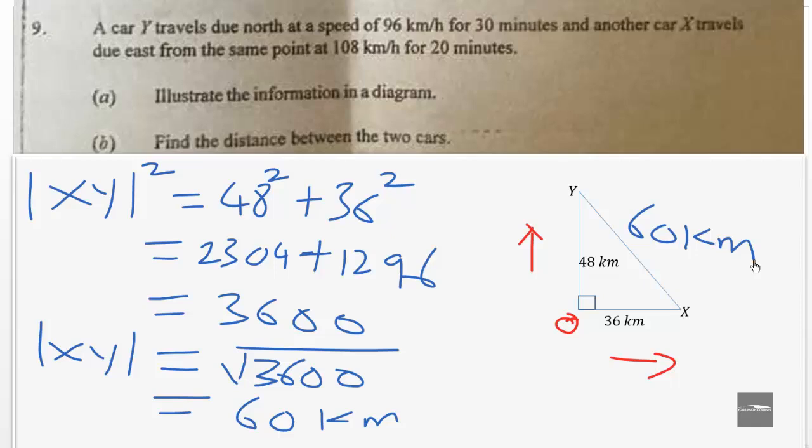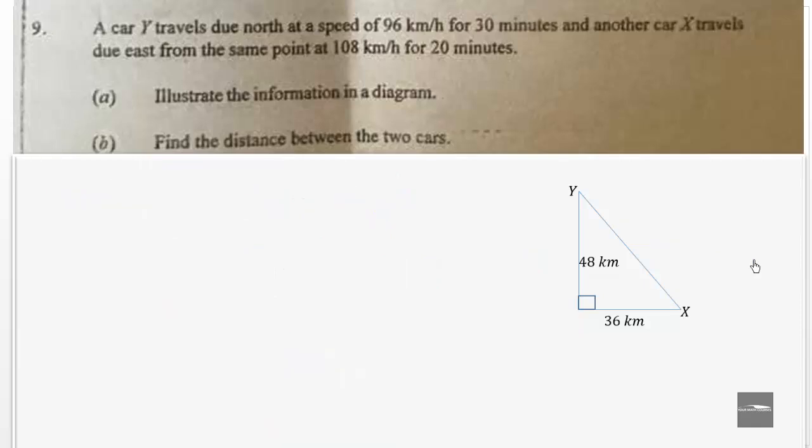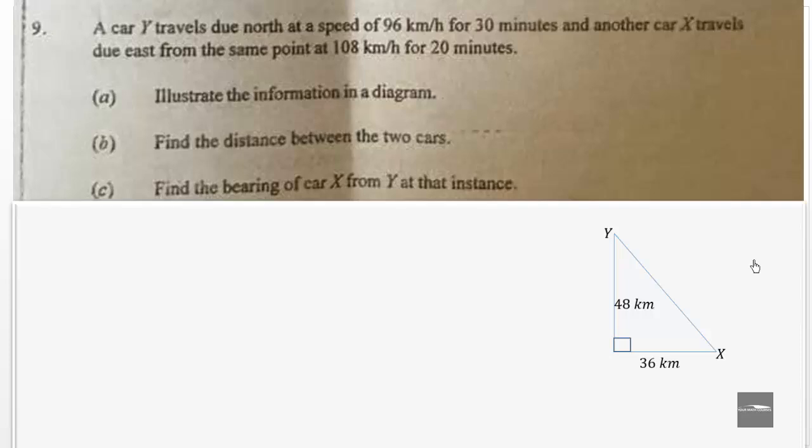Then we can now calculate the bearing. We are now asked to find the bearing of car X from car Y. So we are here, the bearing of car X from car Y. So we measure from this until we get to X. So we need this angle here to add to the 90-degree angle over here.